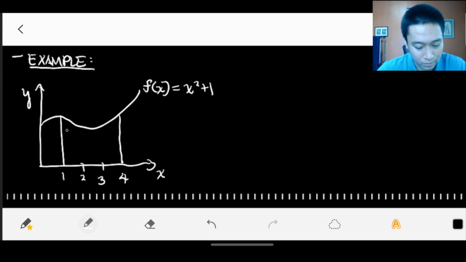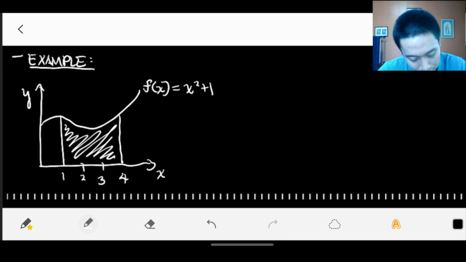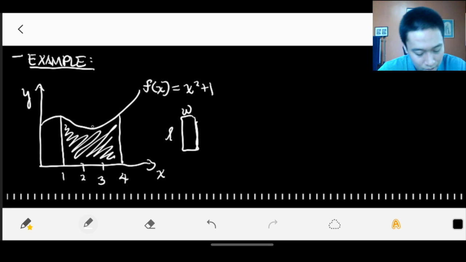Riemann sum works in trying to find the approximate value of this area, because unlike a rectangle where your area is basically length times width, you can't definitively give a good approximate of this area because of this curve here, making it an irregular shape.